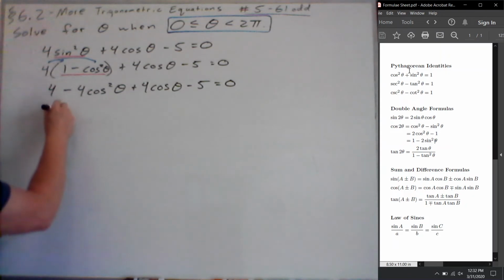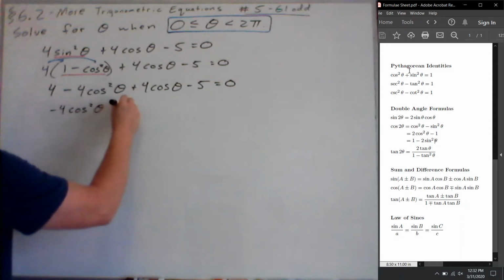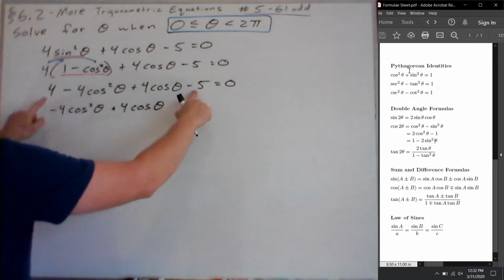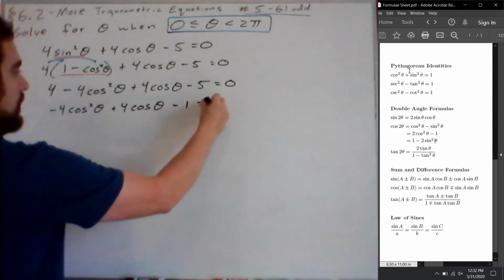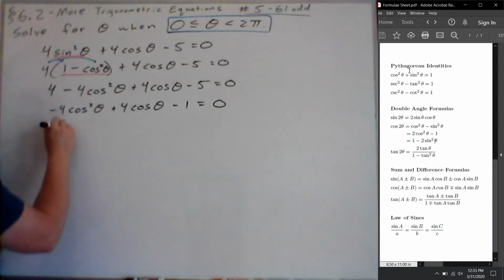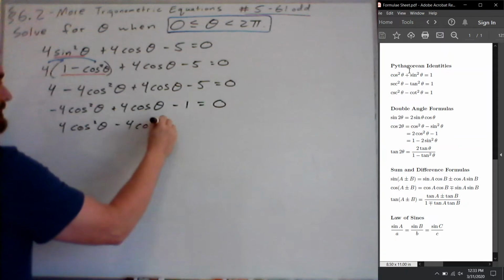So I'll rewrite it as negative 4 cosine squared of theta plus 4 cosine theta, positive 4, negative 5 is negative 1. The right-hand side is still 0. Again, I just don't like this negative leading coefficient, so I think I'm going to multiply both sides by a negative 1, which just changes all my signs.